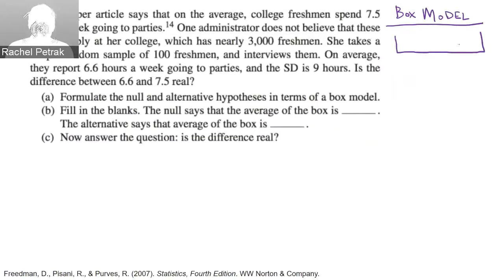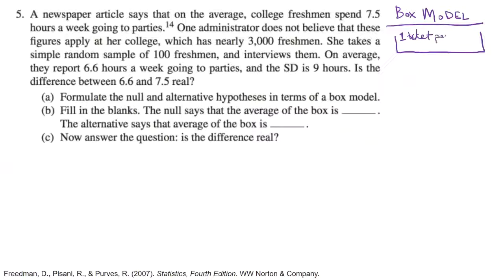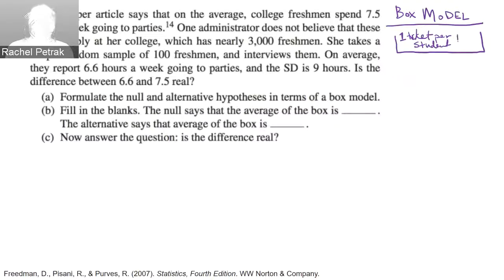There's one ticket per student, and the ticket has on it the number of hours they reported going to parties.